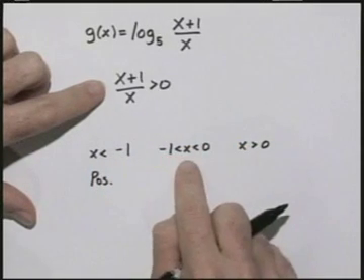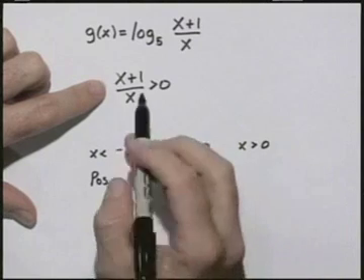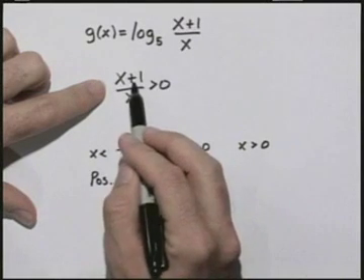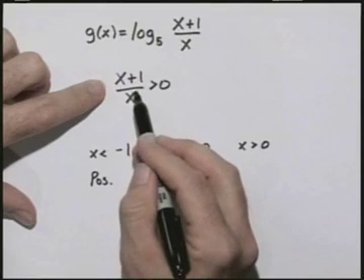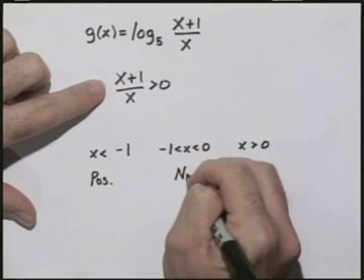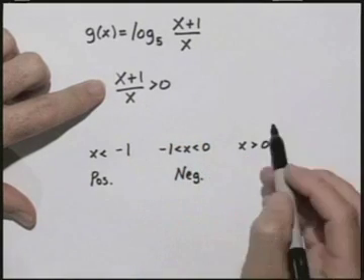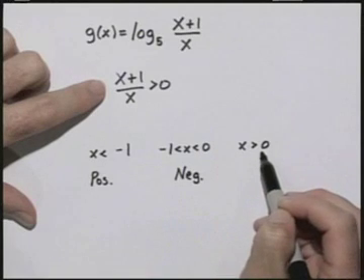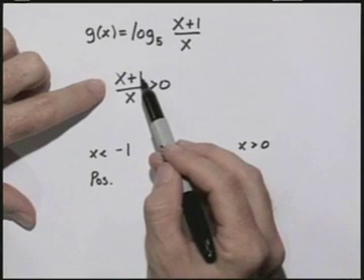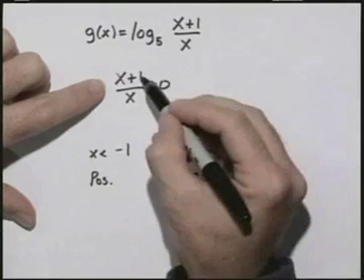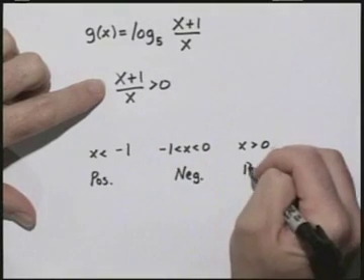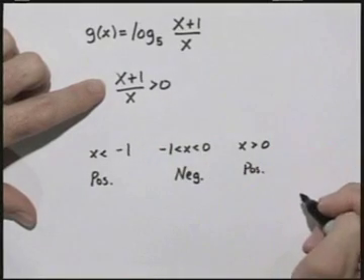If x is between -1 and 0, the numerator is going to be positive, the denominator will be negative. Positive over negative is a negative value. If x is greater than 0, the numerator will be positive, the denominator will also be positive. Positive over positive is a positive value.